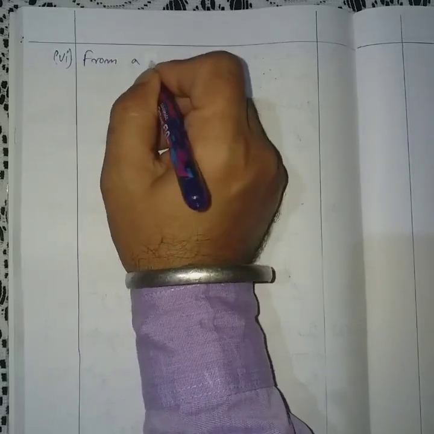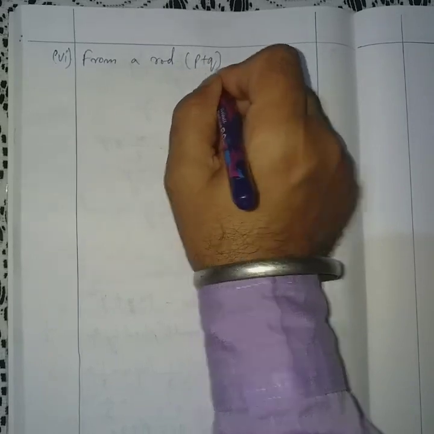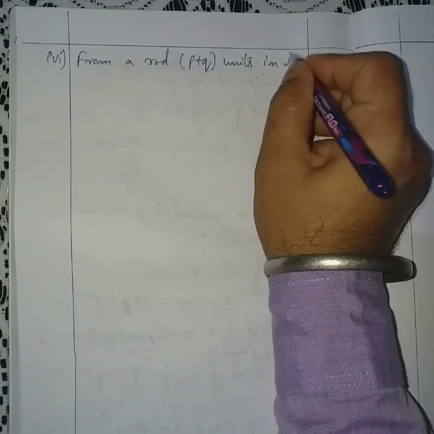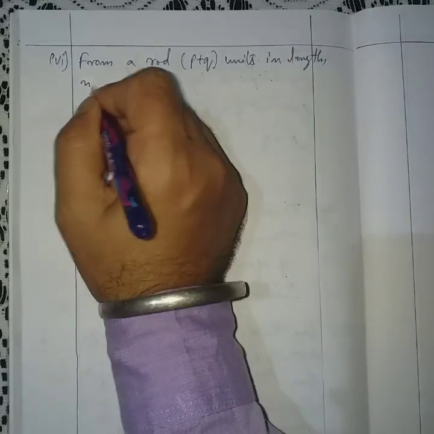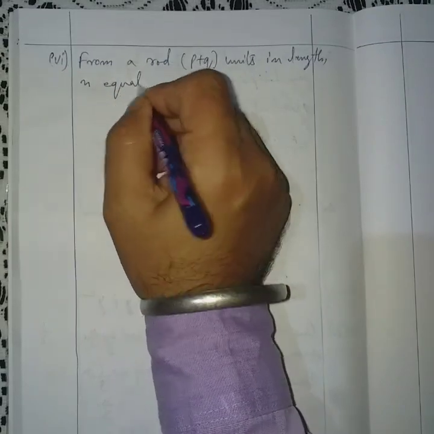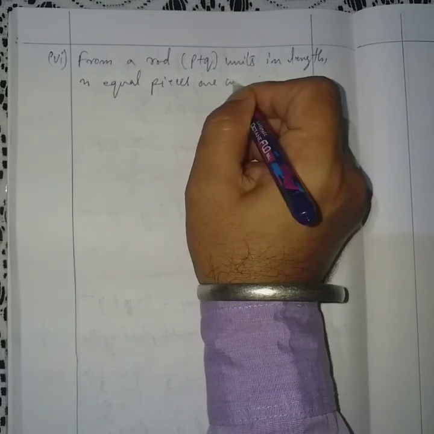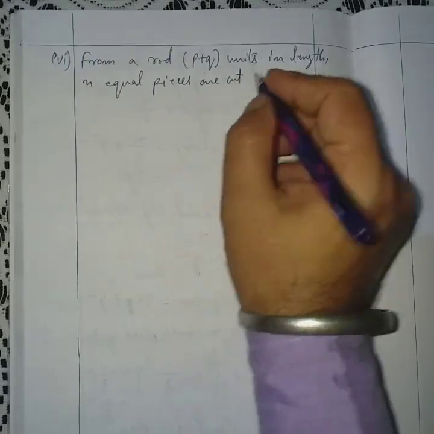From a rod P plus Q units in length, n equal pieces are cut.